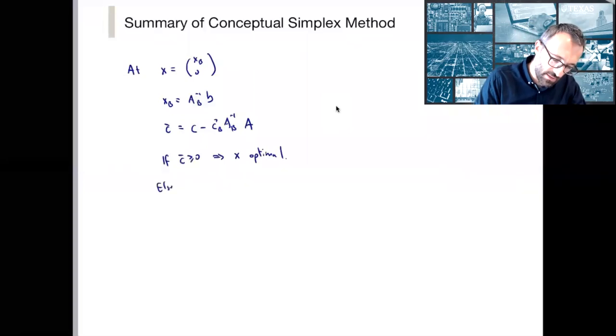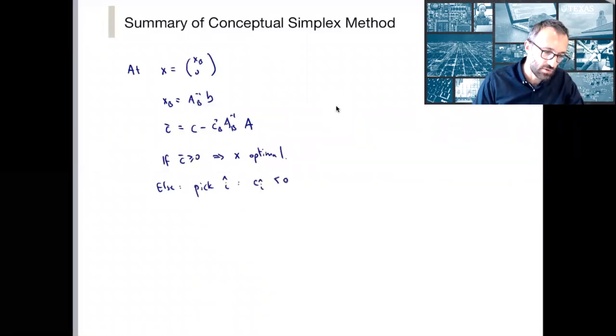Otherwise, we pick some i hat such that c bar i hat is less than 0.